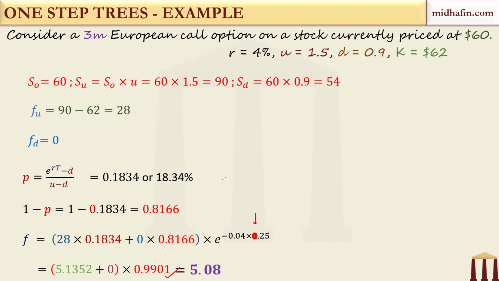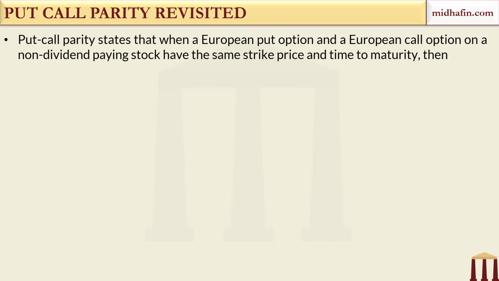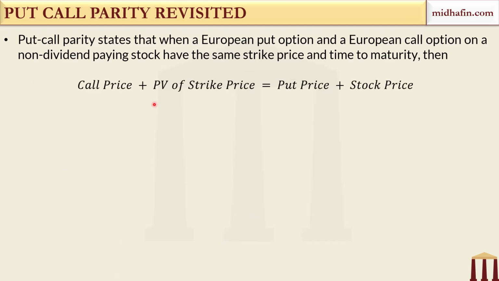Okay, now since we know the value of the call option, we can easily calculate the value of the put option using put-call parity. So this was the statement of put-call parity. If you have a European put option and a European call option on a non-dividend paying stock having the same value for K and T, then call price plus present value of strike price is equal to put plus stock.